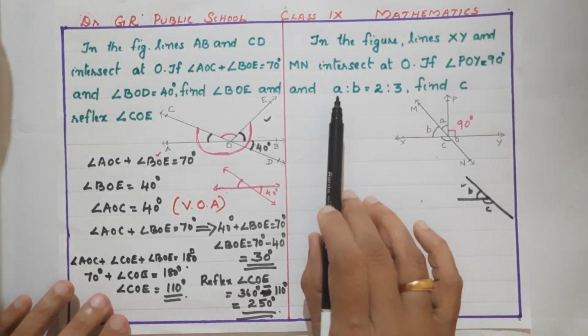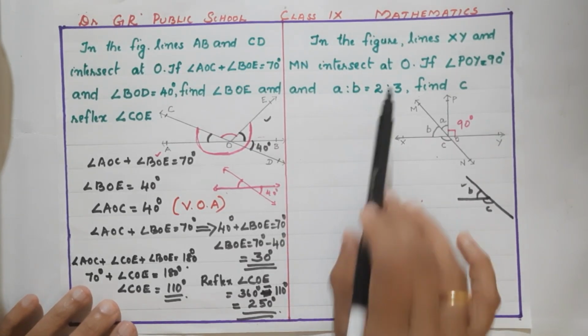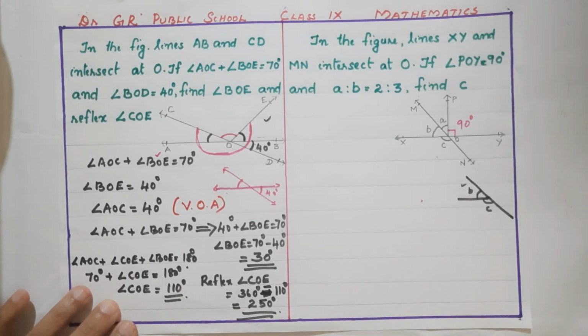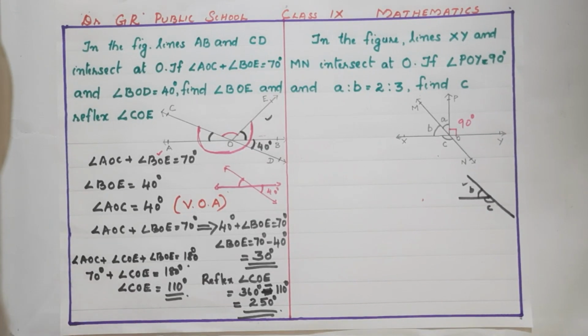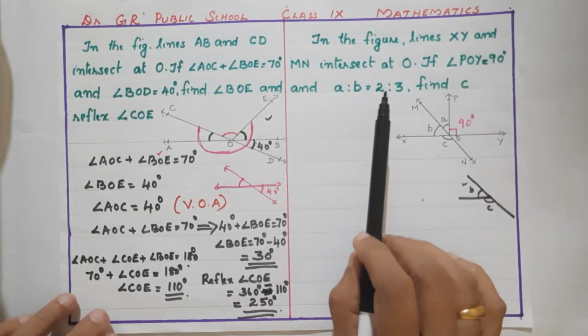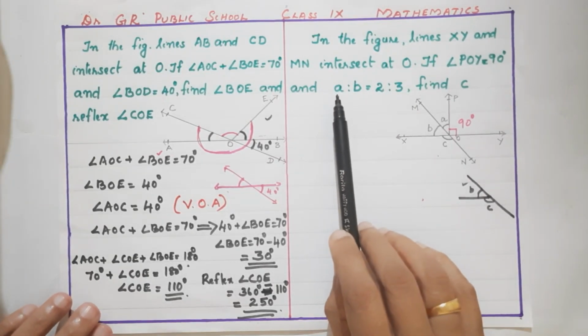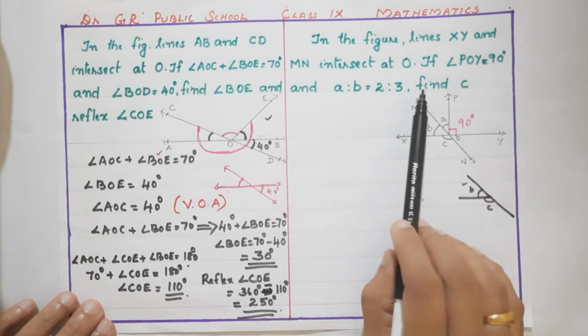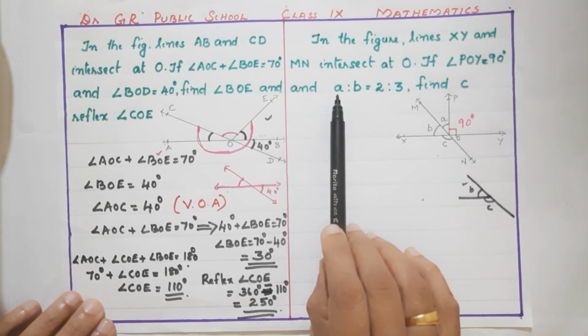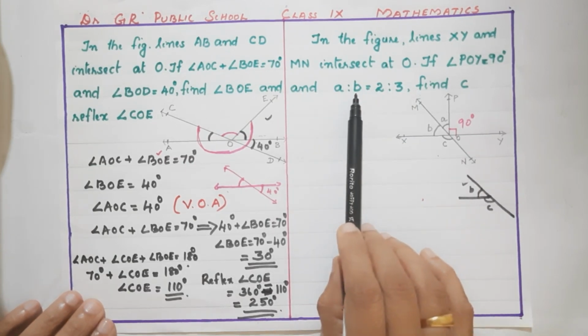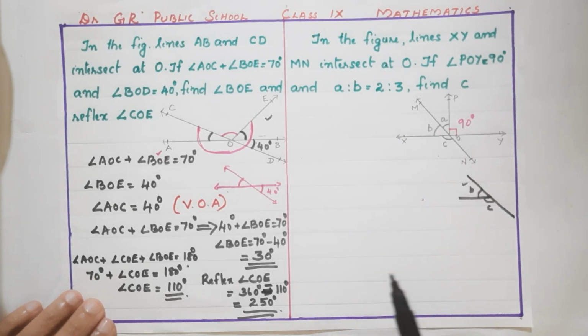For that, it is given that A is to B is 2 is to 3. If we have the ratio, how will you take the original measurements? By multiplying by the same number. You have studied so many questions on ratios last year.